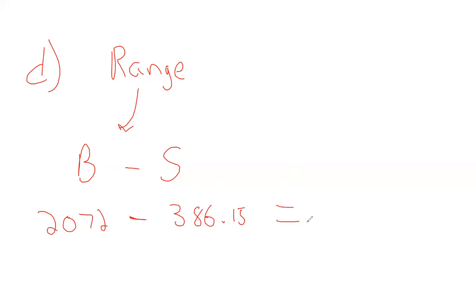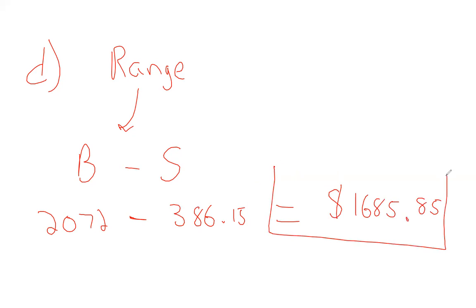So we do 2072 minus 386.15 in our calculator. The range in dollars is the difference between the smallest and the biggest. We can be thankful that our PFD wasn't only $386 like it was in 1982.